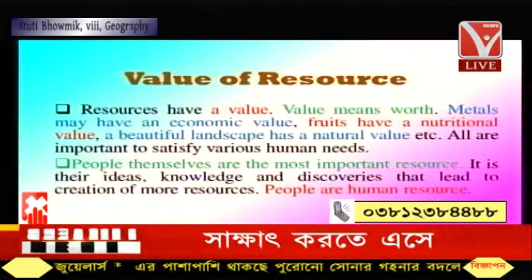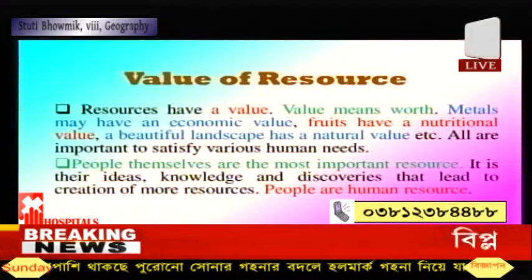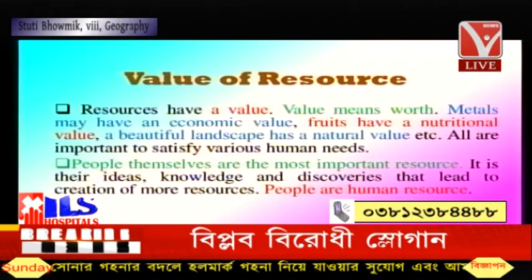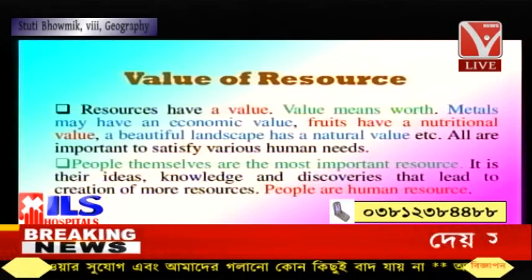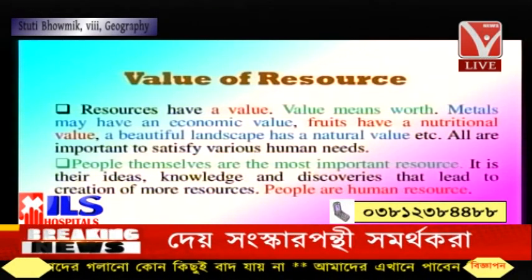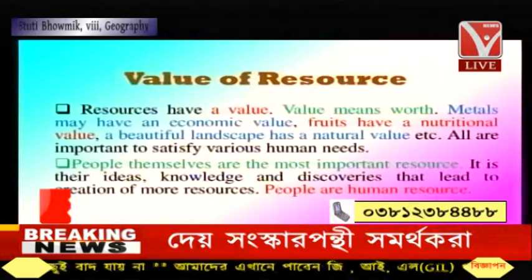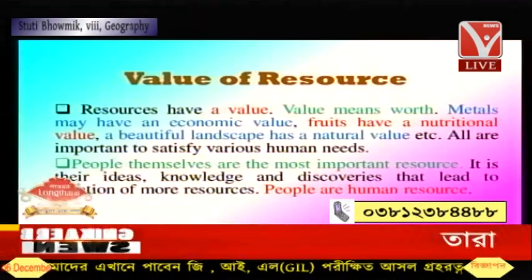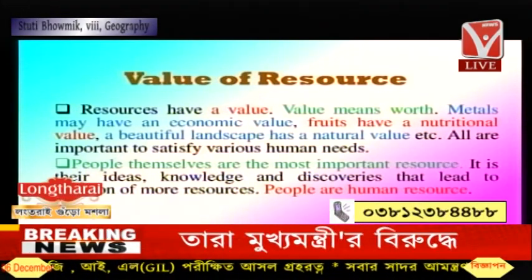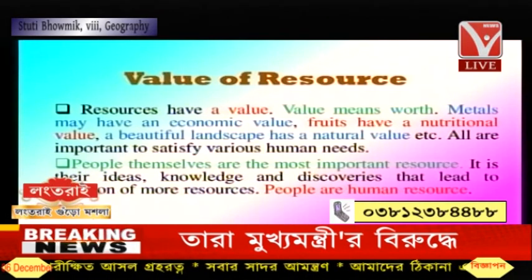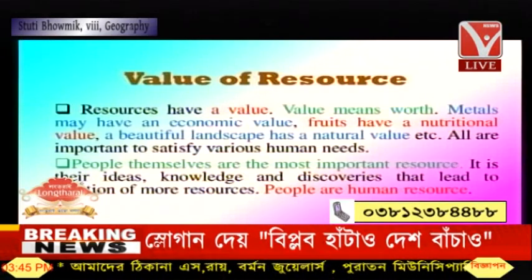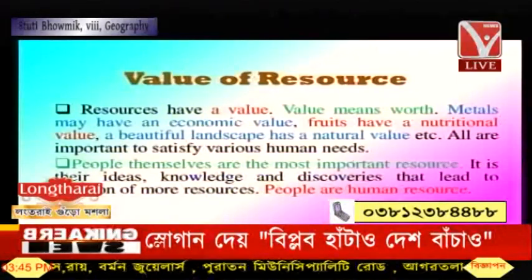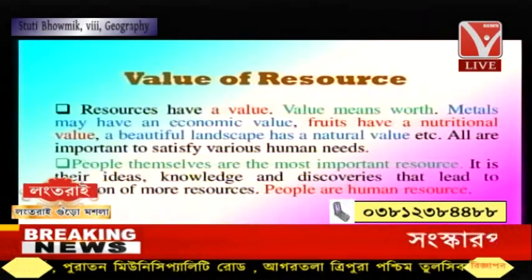All right, now this identification of the resource by human being could be only that when human being is trying with his intellectuality, he is trying to make a particular thing to be a resource, then only a particular thing becomes a resource. All right, when a thing is becoming a resource, when human being is identifying that particular thing, then only we understand that this is actually a resource.